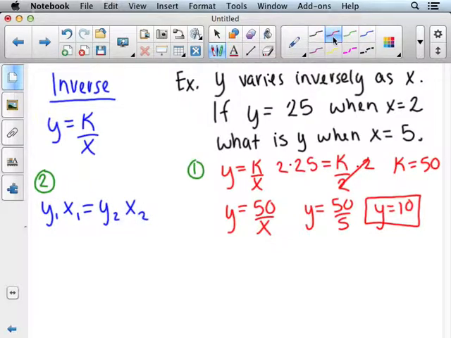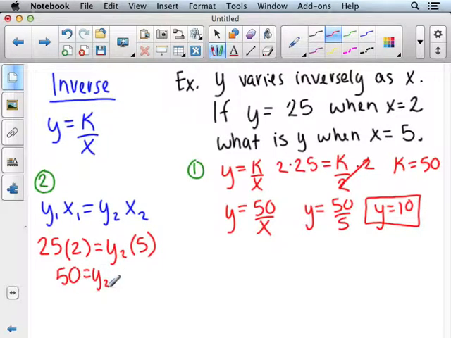Now, solving here, we would just say, okay, y1's 25 times x1 was 2. y2 is what we don't know. x2 is 5. Solve, we get 50 equals y2 times 5. Divide by 5, and we get that y equals 10.